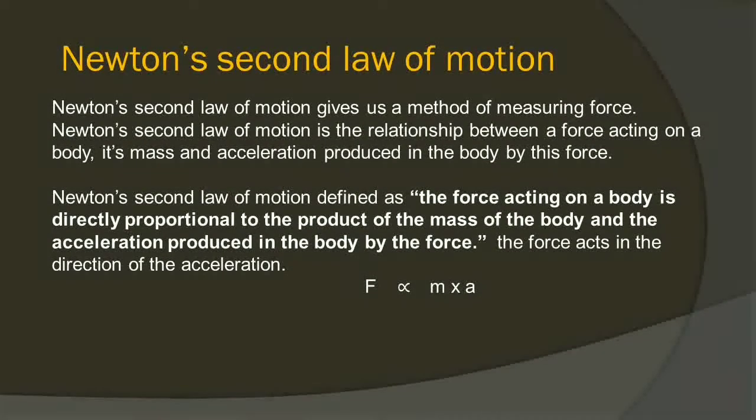So, by this statement, we can write in a mathematical manner, F is directly proportional to the product of the mass and the acceleration of the body. So the mathematical expression of Newton's second law of motion is F is directly proportional to m into a. Clear? So, this is the statement of Newton's second law of motion.